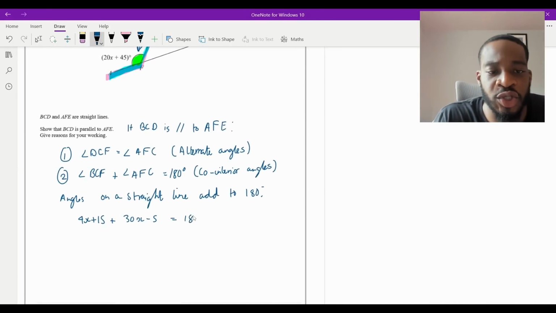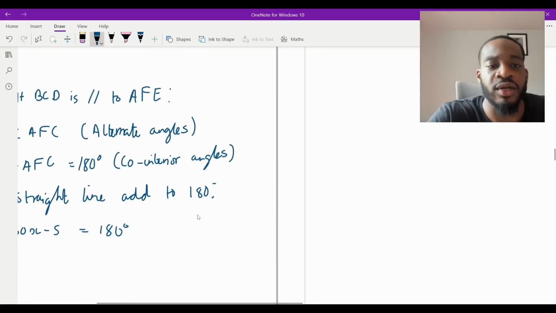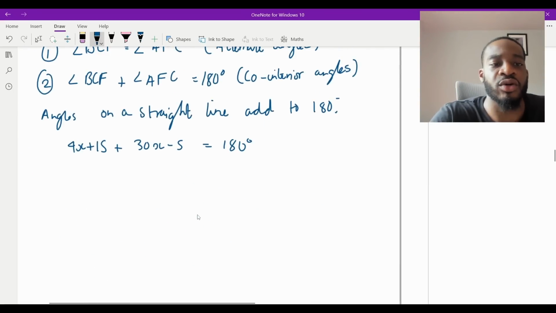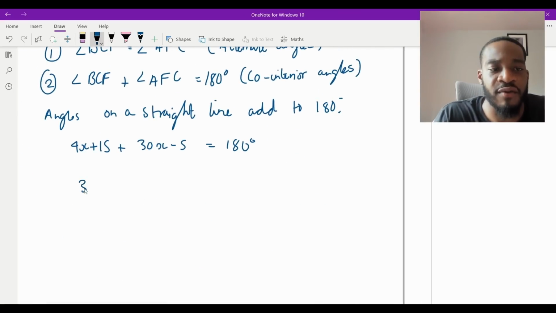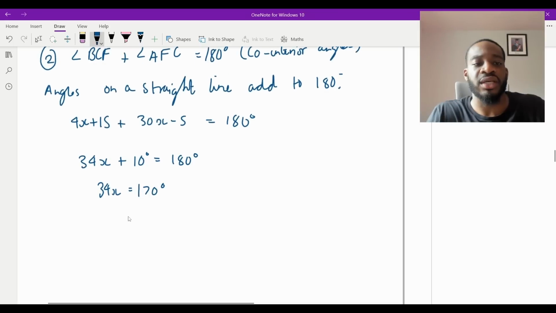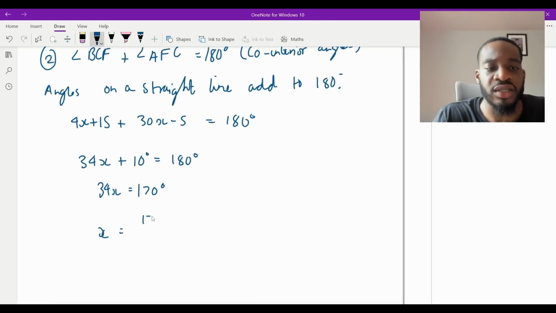We've formed an equation, now we can just solve it. So let me zoom in a bit. That's going to be 34x, and then plus 15 take away 5 is 10. This will equal 180. Now I can move that 10 over, so I get 34x is equal to 170. And now to get x, we're just going to do 170 divided by 34.